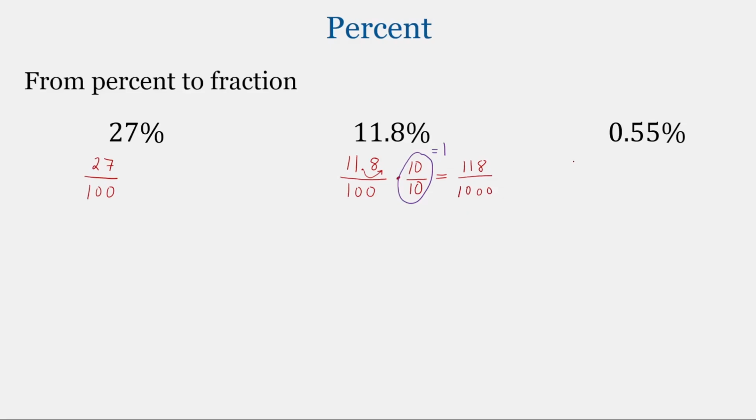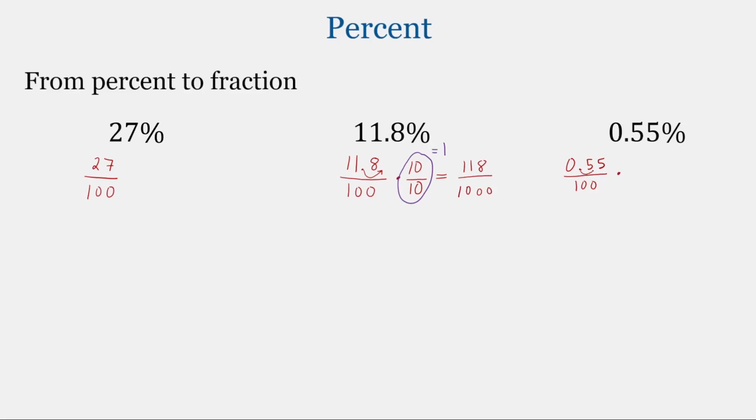And so for this third problem, we have 0.55%, or 55 hundredths percent. So again, we'll take that number, 0.55, we're going to put that over 100. Once again, we have a decimal within our fraction. So let's multiply by some multiple of 10 to get rid of that decimal place.